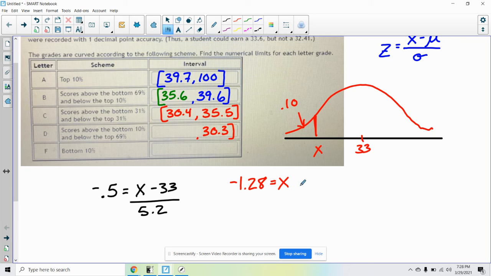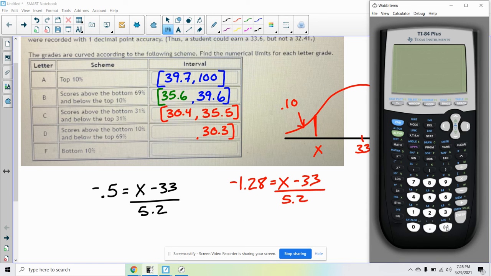We get x minus 33 over 5.2. Solving for x, negative 1.28 times 5.2 plus 33. So this is 26.344. So this is going to go down to as far as 26.3.